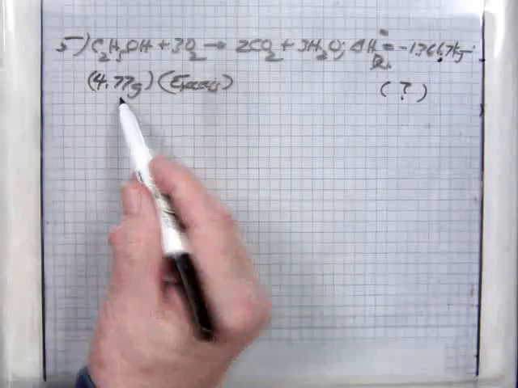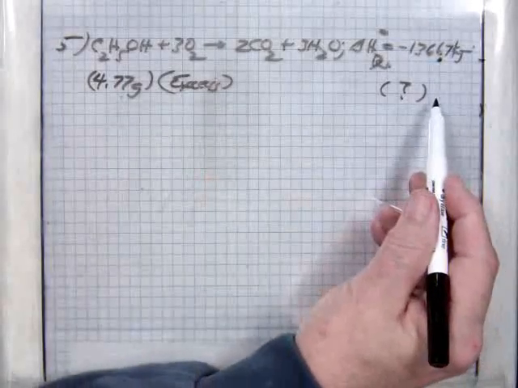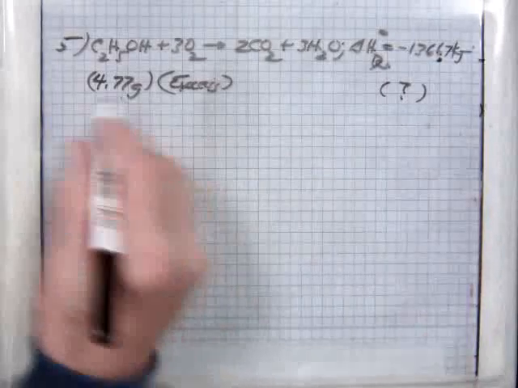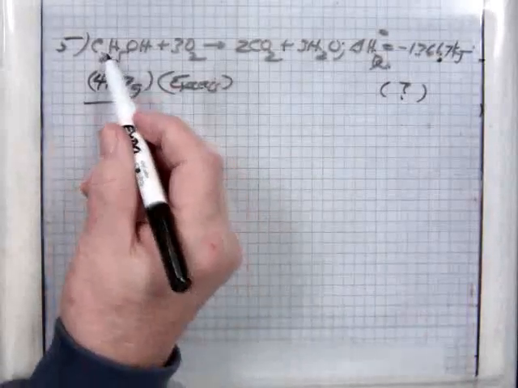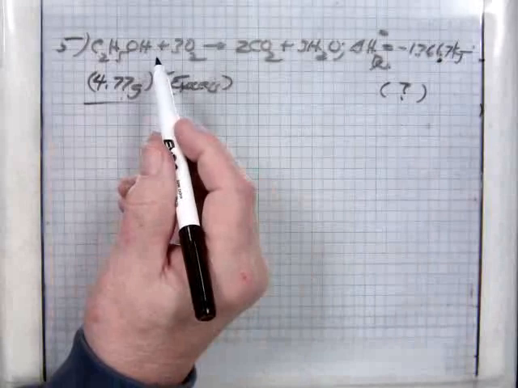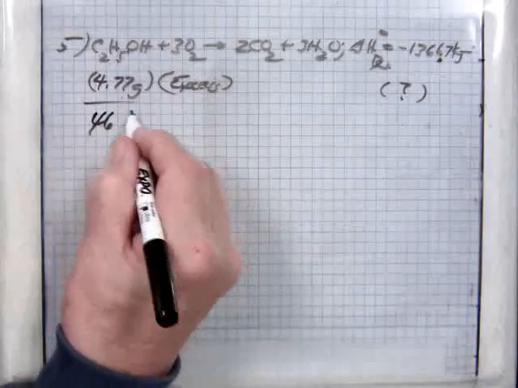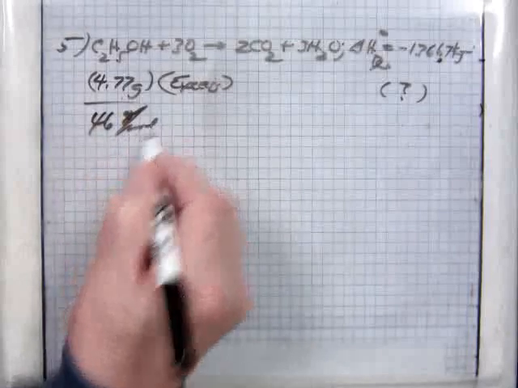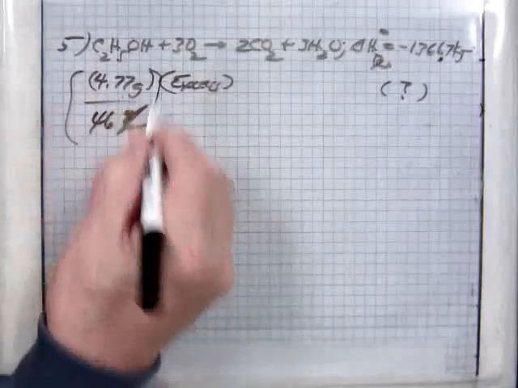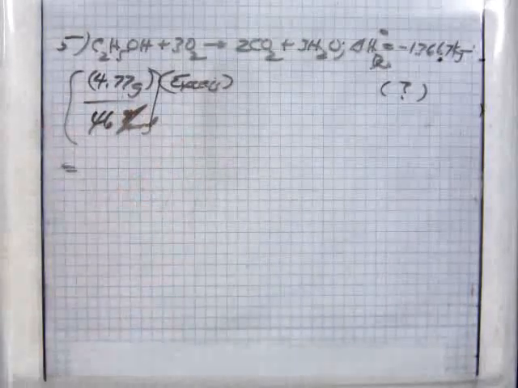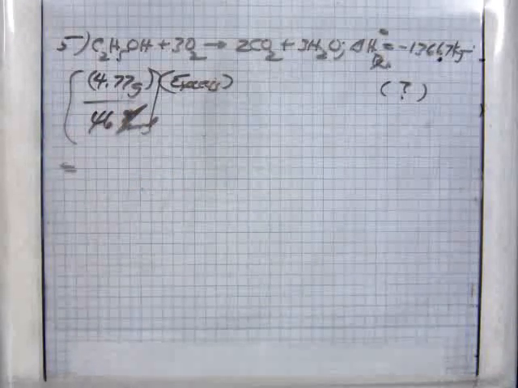Convert the grams to moles and that will give you X. And so that will be the simplest approach. Well, this is 12, 12, 24, 34, 41, 43, 45, 46 grams per mole for the moles of ethanol. Check me on that formula weight.